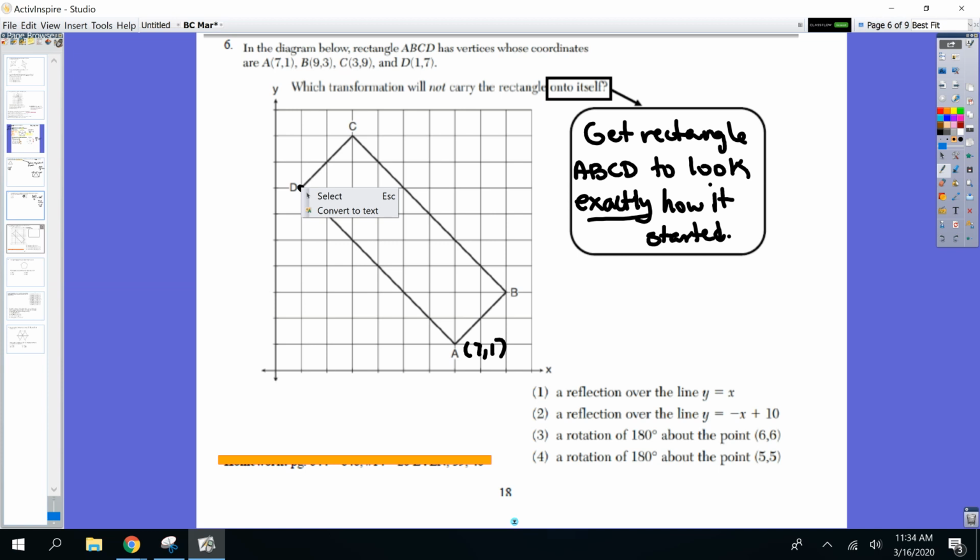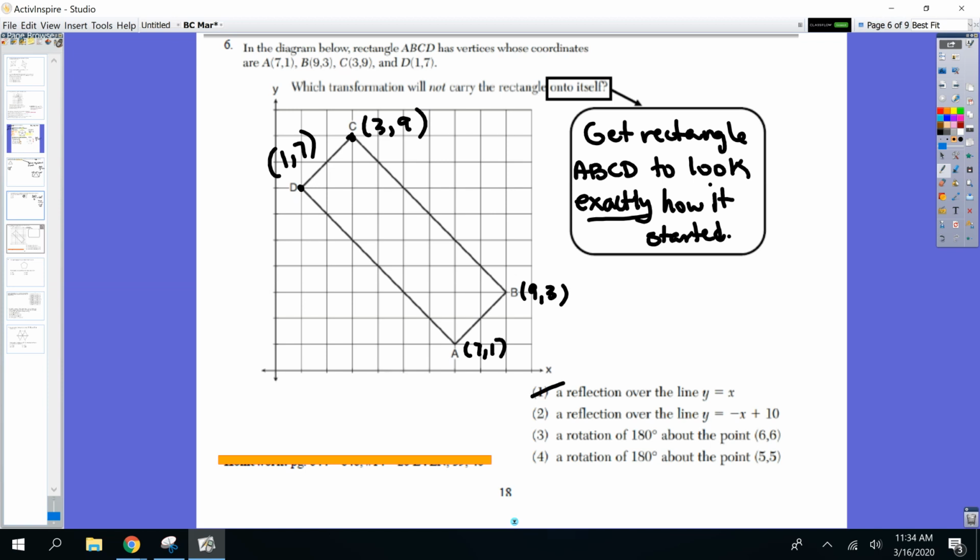Let's try point B, which is 9, 3. Let's see, is 3, 9 on there? Okay, that point is 3, 9. That point is 1, 7. So it looks like they switch them here, but if you read the question carefully, it said which one will not carry it over, and we just proved that that one will.